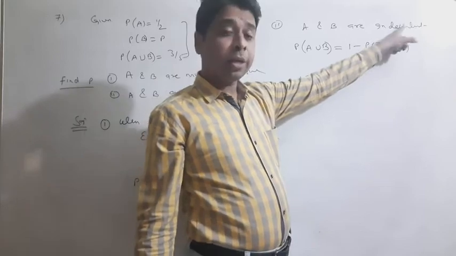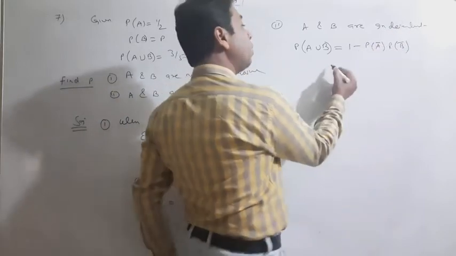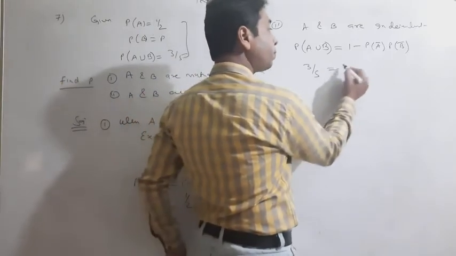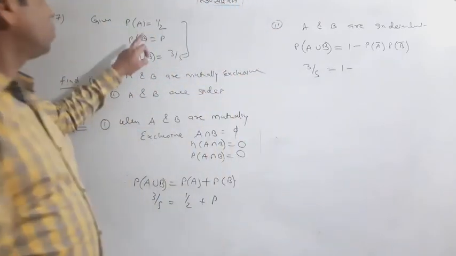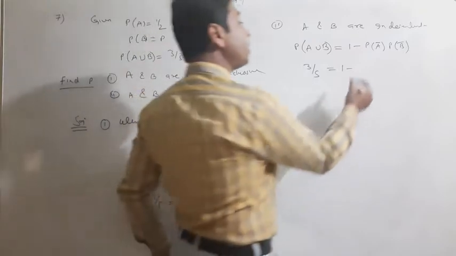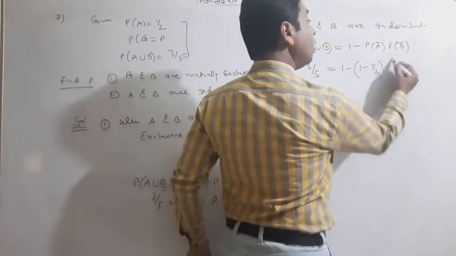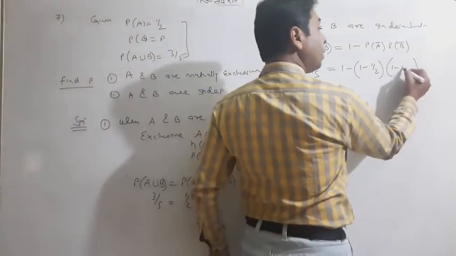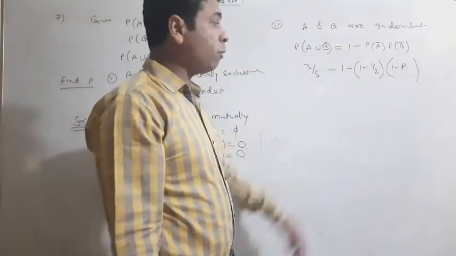When A and B are independent events, you use this formula. P of A union B is equal to 3 by 5, P of A equal to half, P of not A is equal to 1 minus half, and P of not B is equal to 1 minus p. Now you can find the value of p easily.